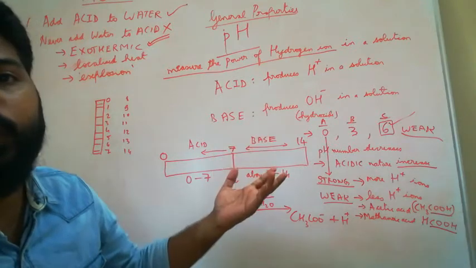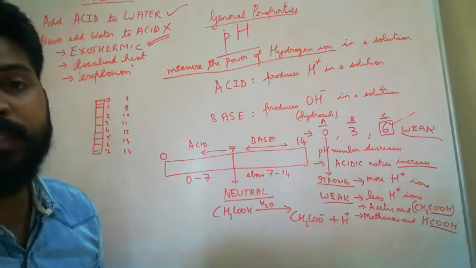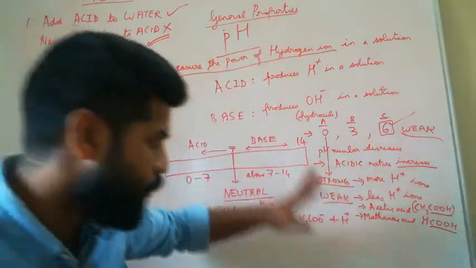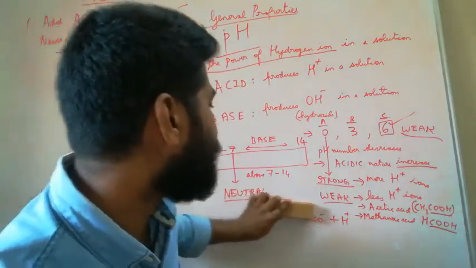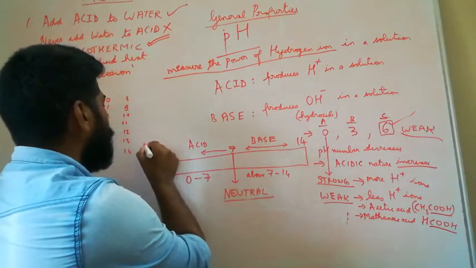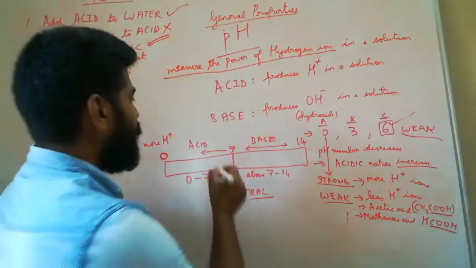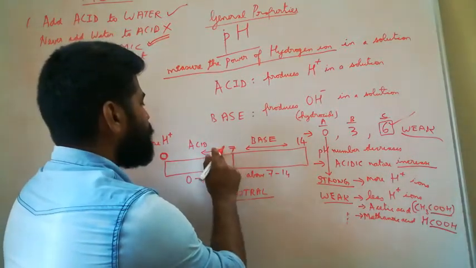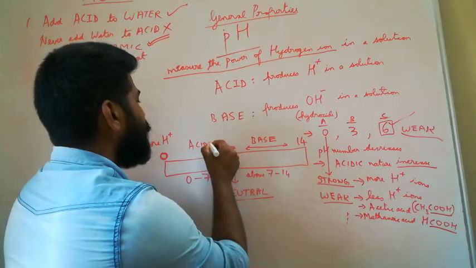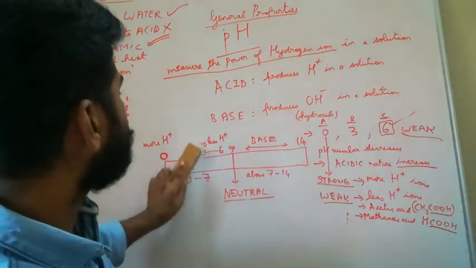Whereas in hydrochloric acid, HCl, the number of hydrogen ions produced is higher. So, having said that, the lesser the number, the more the hydrogen ions. Whereas a pH 6 would produce fewer hydrogen ions.